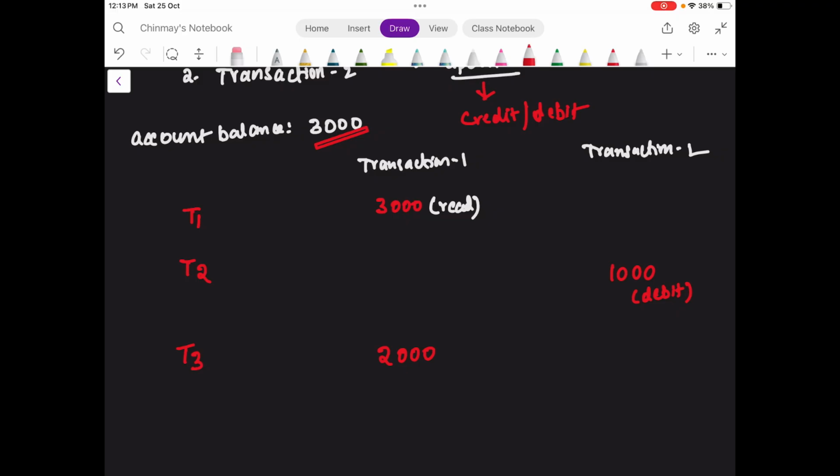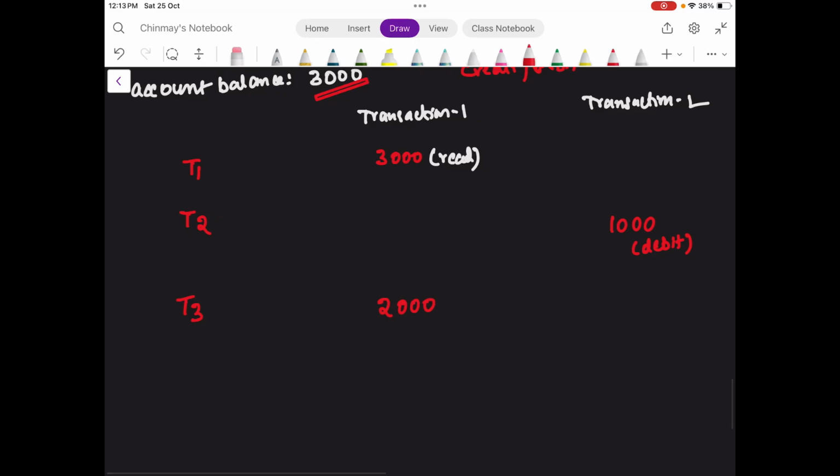Okay, while committing transaction 2, there is a problem. Again at time T4, this transaction checks the balance. Because this is not yet committed, again it is showing us 3,000.